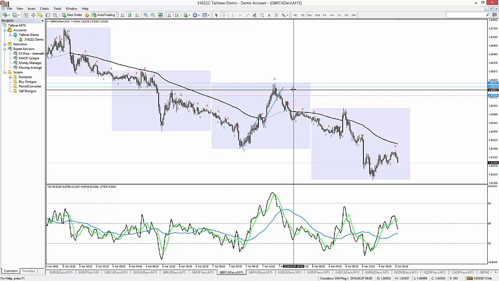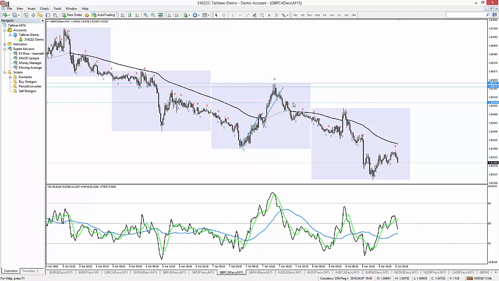And then I'm just measuring these lines so they look decent, 30 pip stop originally. So the good thing about looking at these setups is that you've got a very short risk. It's a 1 to 2 or 1 to 3 or 1 to 2.5, 1 to 1.5 risk profile. So these work out nicely, but I do like to see that double top.